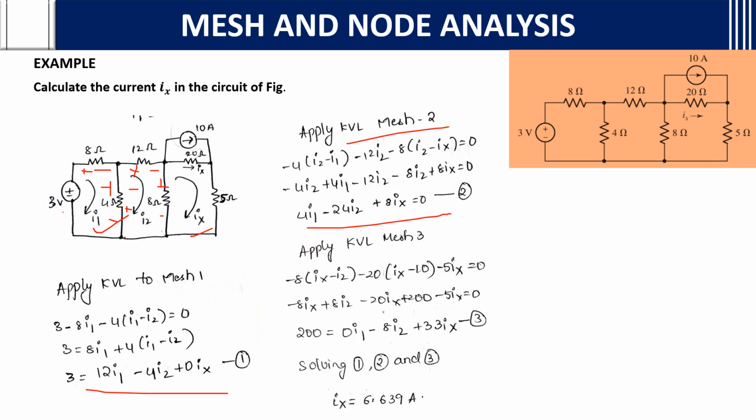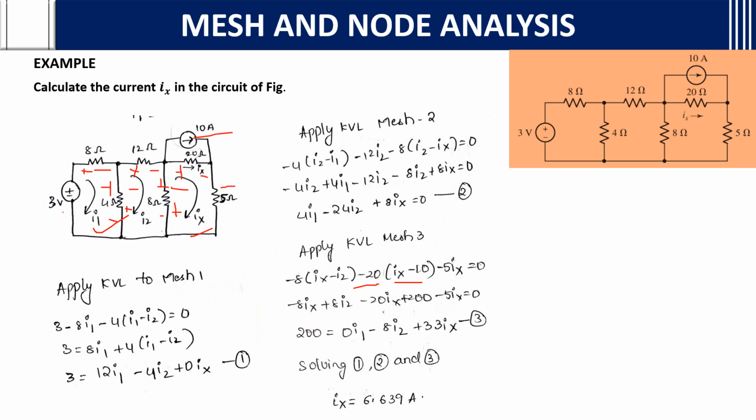Then applying KVL to mesh 3, what you will get? Minus 8, again plus minus 8 into (Ix minus I2). Then here, if you see carefully, plus minus 20 into (Ix minus another current which is flowing opposite, that is 10 ampere). So Ix minus 10 you need to take.